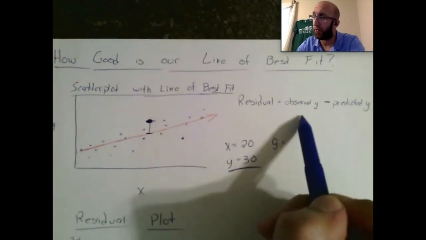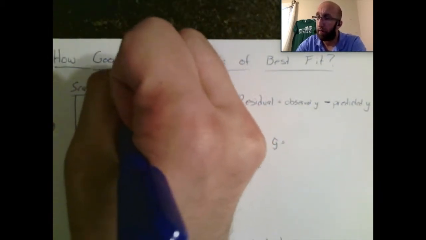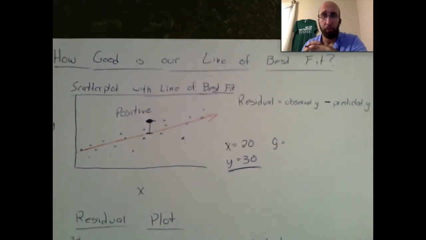So if you're taking observed minus predicted, and if your observed points are above, you're going to get a positive residual. What that means is what we observed as happening is better or higher than what we predicted happened. So our observed value is better than our predicted value, or bigger than our predicted value.